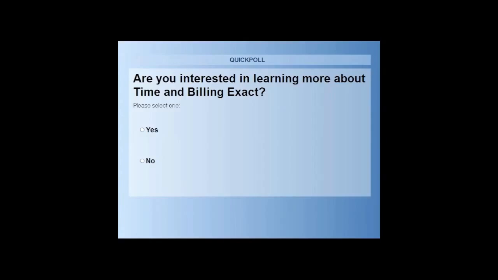And this is a double question. Did you say that if we are current with Time and Billing or Timekeeper maintenance, we already have Time and Billing Exact? Did you say 15 users or 50 users?